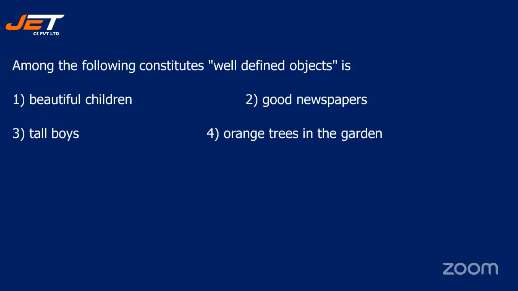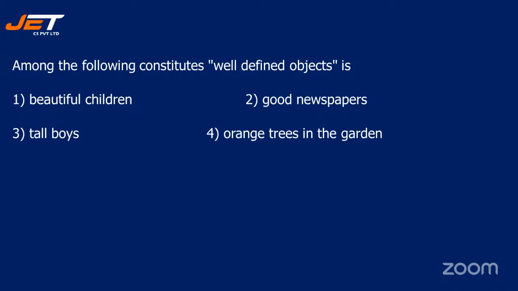So, what do you mean by well-defined? Well-defined is something very specific, which doesn't have a general term. Beautiful children: there are many children, which children are we referring to? We don't know. Good newspapers: most newspapers are good, which one is being referred to?